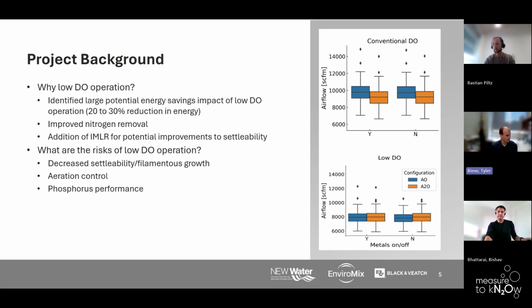Also, what kind of aeration control improvements would we need? We're just dipping our toes into that now, with more discussion on that later in our project implementation for full scale. And then, how would it impact phosphorus performance? Next slide, please.